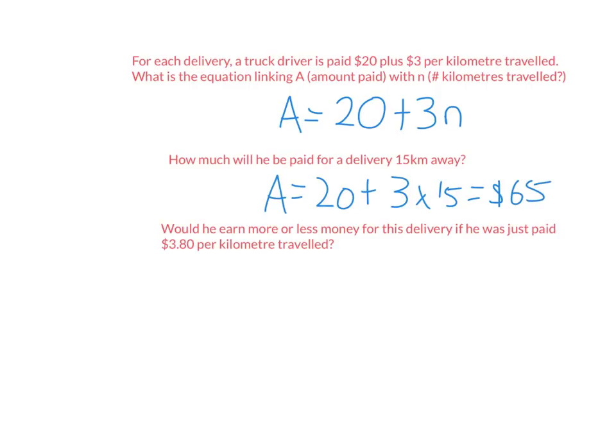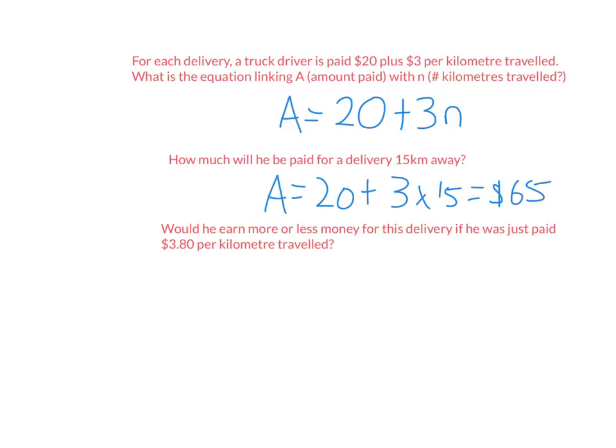So now we're going to look at whether he would be better off just earning $3.80 per kilometre travelled for this very delivery. So again, we're just putting the words into a mathematical equation.